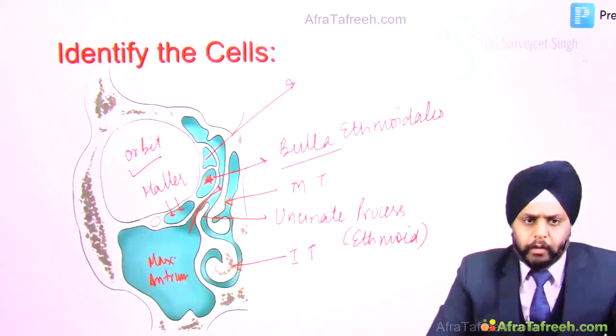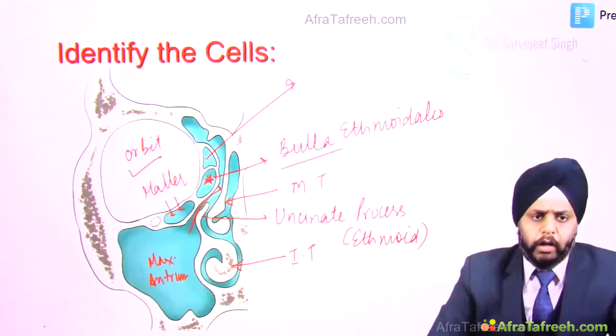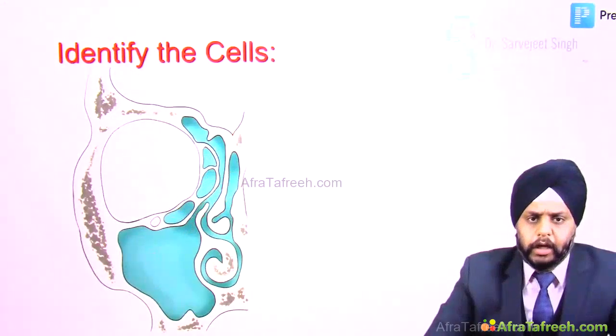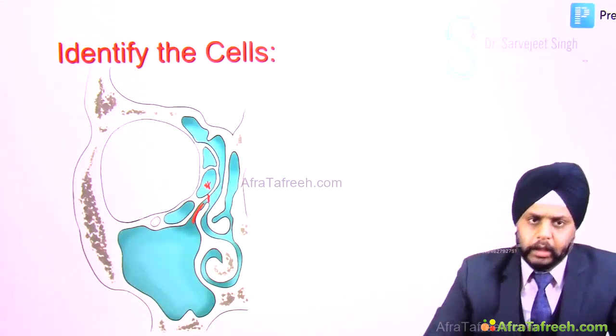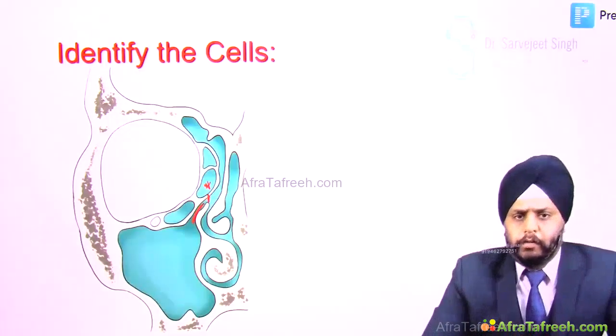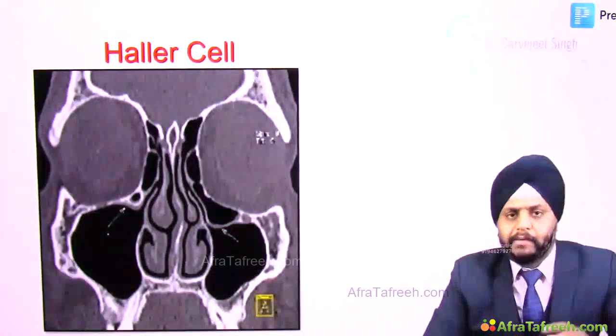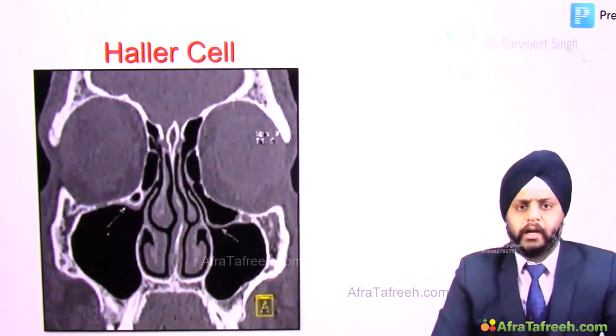In another photograph, I have tried to enumerate all these things for you. You can clearly see the ethmoidal infundibulum between the bulla and uncinate, and this plane is known as hiatus semilunaris. Now let's go to the next. What is this diagram?